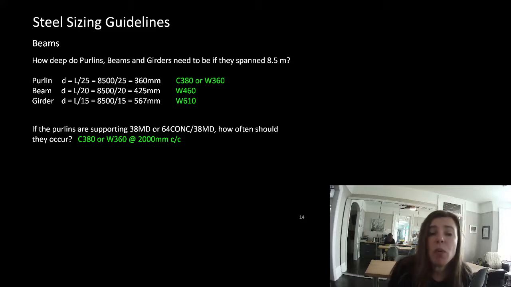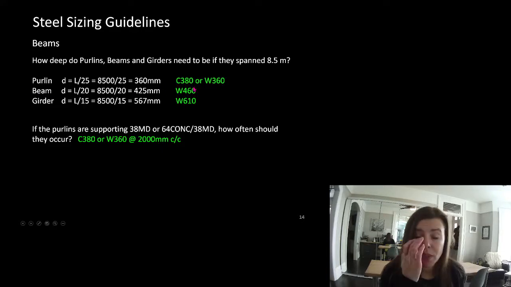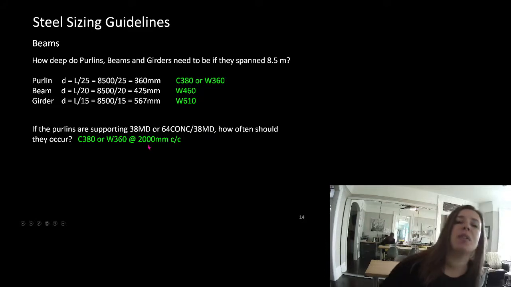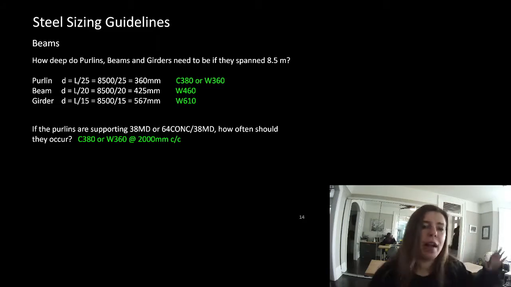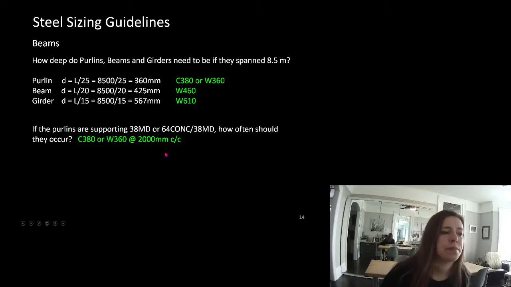So if this really was a project with an 8.5 by 8.5 meter grid, we would know that our beams are now all something we could draw on this. So we've got purlins we could draw and beams we could draw, and we've got our concrete on metal deck because those we know would be supported by something at 2 meters on center. So we've got a big chunk of our project sized already, our unknown imaginary project.